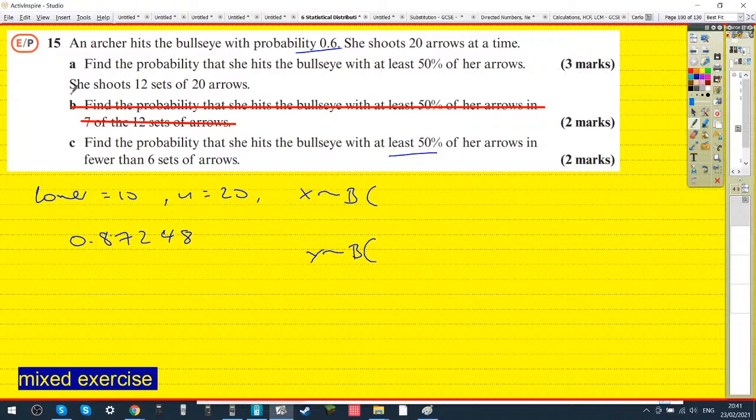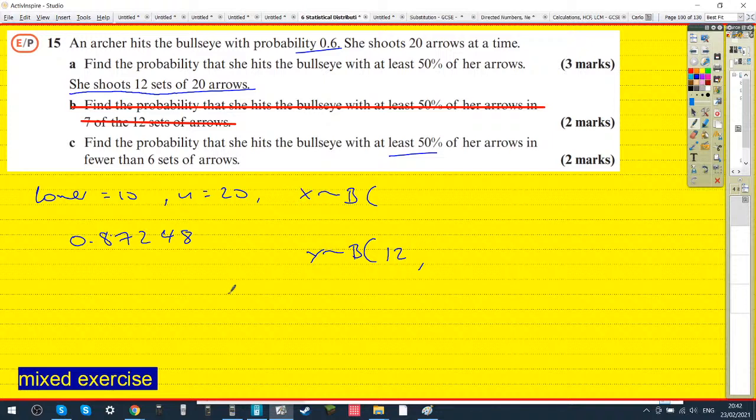And it says here she shoots 12 sets of 20 arrows. So would the new number of trials be 12? Yeah. And the upper would be 5.